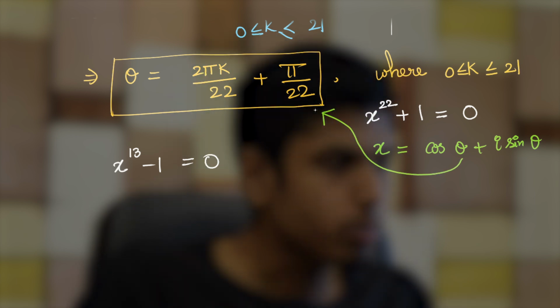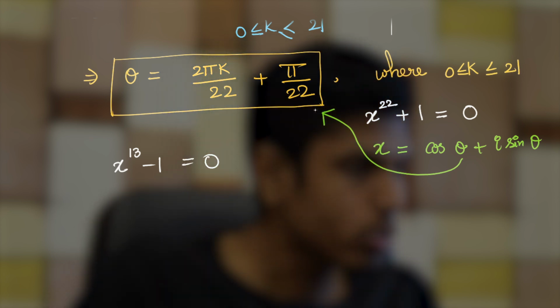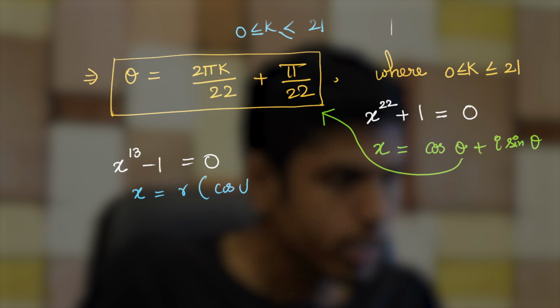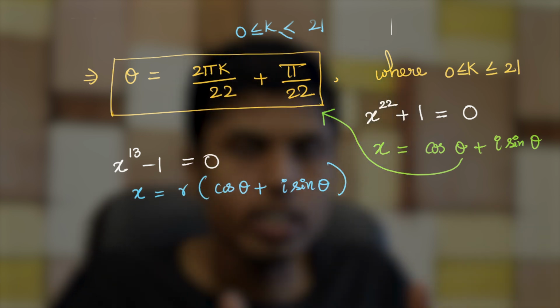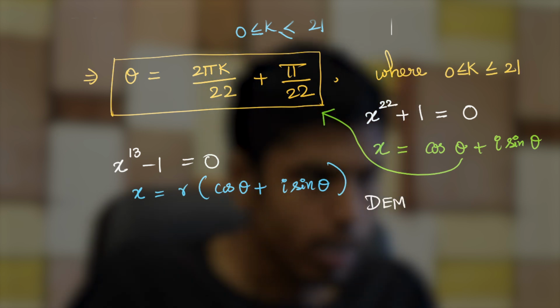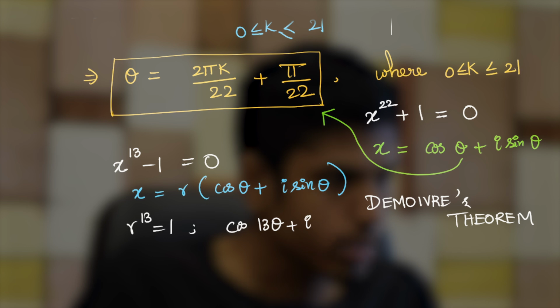Alright, let's come to x^13 minus 1 equal to 0, which is our second polynomial. By similar logic, one can consider x as r times (cos theta plus i sin theta). And again, one can apply de Moivre's theorem, and you can reach that r^13 must be 1, and cos 13 theta plus i sin 13 theta must be 1.